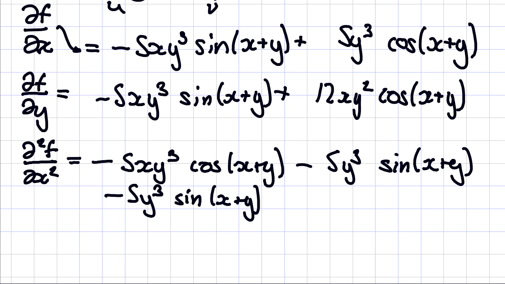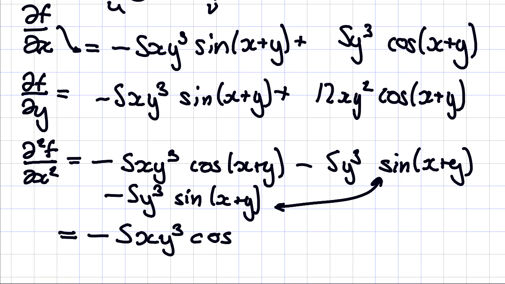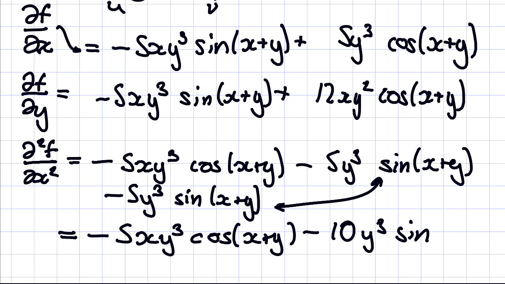Now I've got two terms here I can combine to make the answer slightly easier. So this is going to be minus 5xy cubed cos x plus y minus 10y cubed sine x plus y. So that's my first second derivative done.